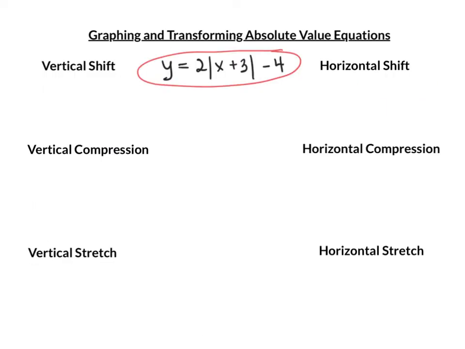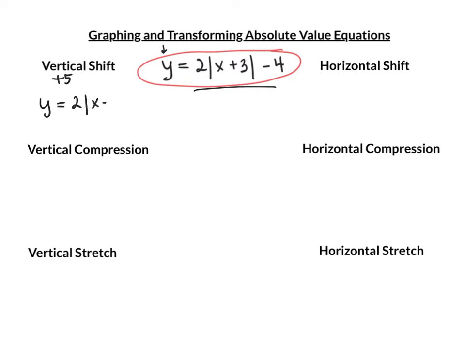Let's take a look at some simple values for different transformations. What we're going to do is transform this function and do each kind. Let's do a vertical shift. Let's say we wanted to move everything up 5. Well, y is being affected, so my equation is going to have every y increased by 5.